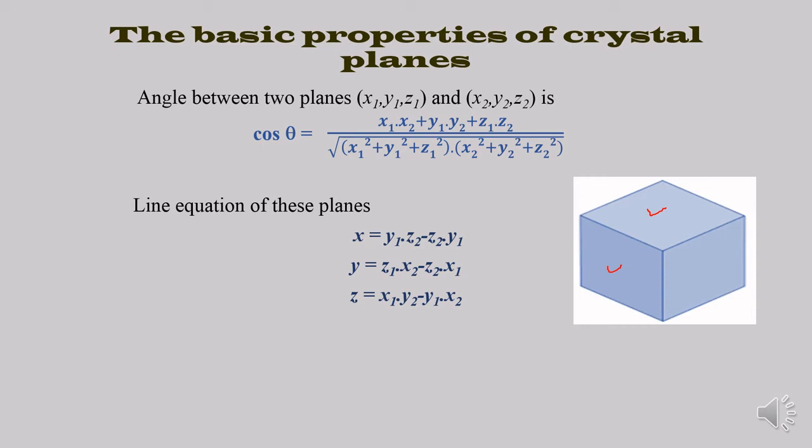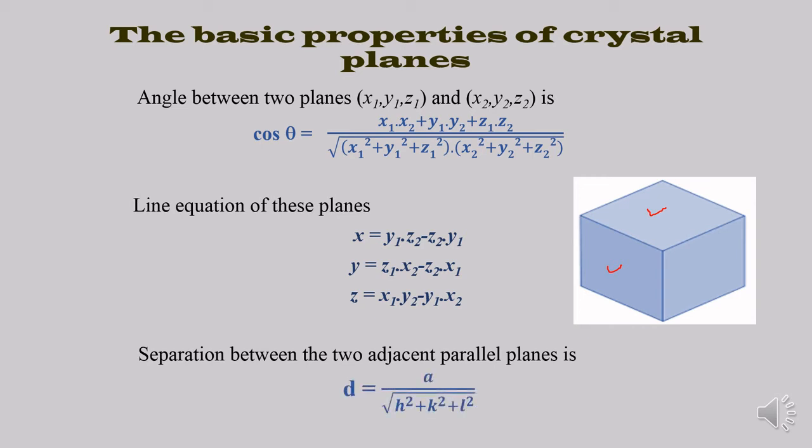So this is the adjacent parallel plane of this cube, right? So what is the separation between the two adjacent parallel planes? That is D equal to A divided by root over h square plus k square plus l square, where h, k, l are the Miller indices of this plane.